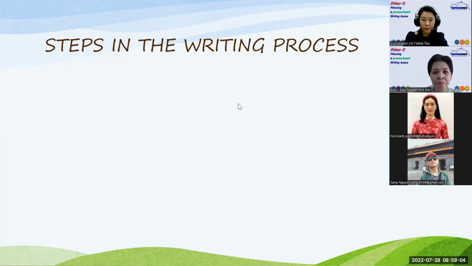Normally, when we look at the writing process, we have this kind of procedure. We start with planning the ideas. We have to have the students plan. And of course, if they want to plan their writing, they have to analyze the task. They have to read the question, read the topic, and analyze what kind of essay they are going to write.